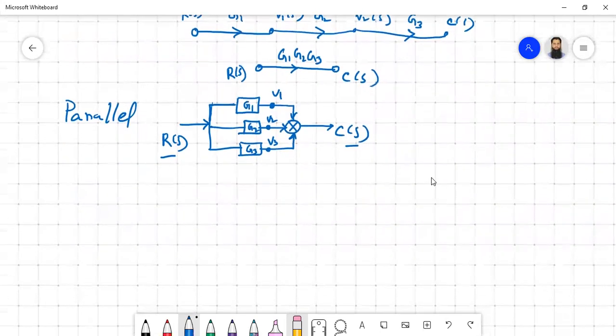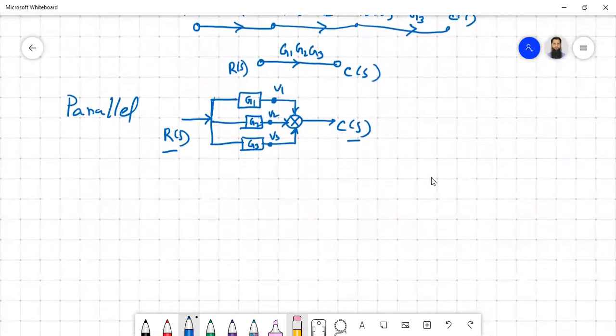How can we have an equivalent model? This is your RS, then you have V1, V2, V3, and the output CS. Now this portion is relatively easier: you just add the arrow and G1.